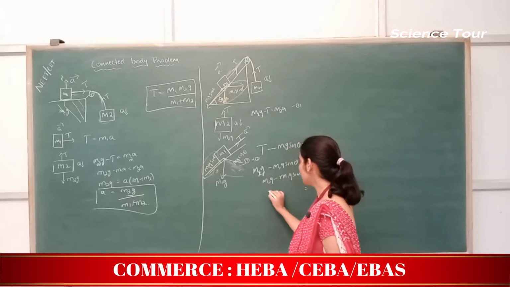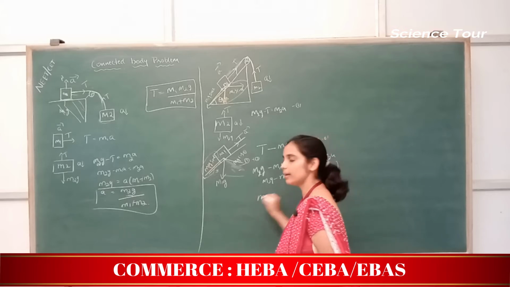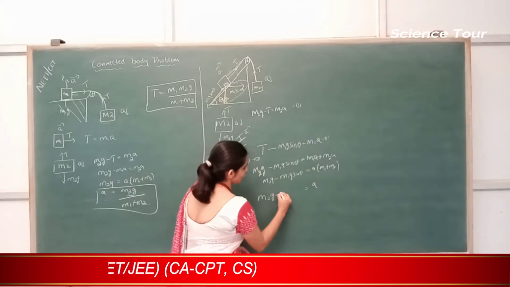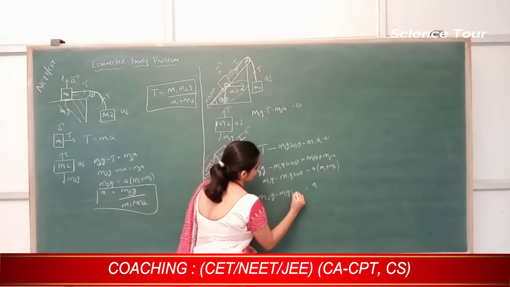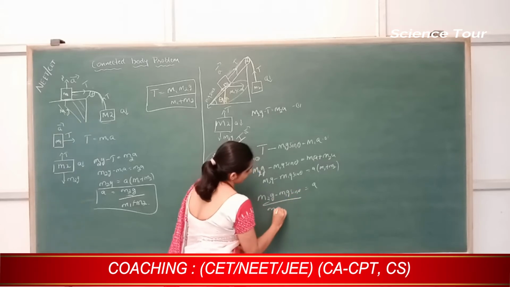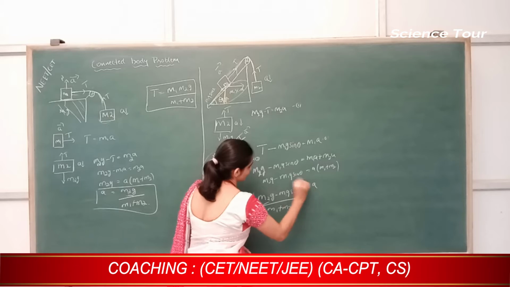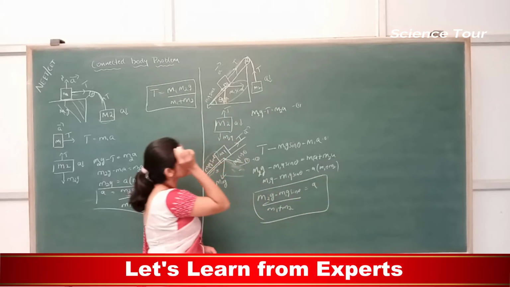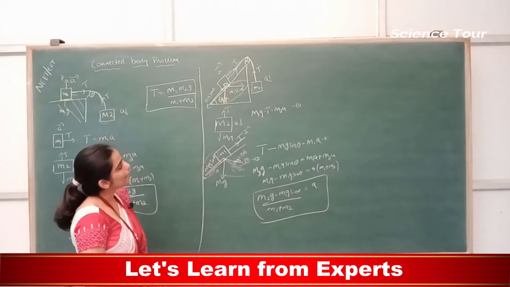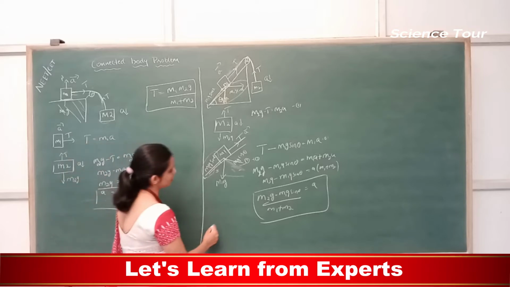A is equal to m2 into g minus m1 into g sin theta divided by m1 plus m2. This is your acceleration. Now, what is the tension?